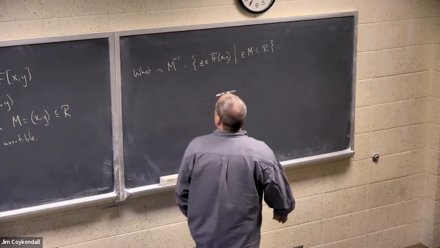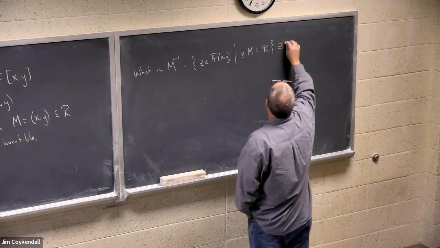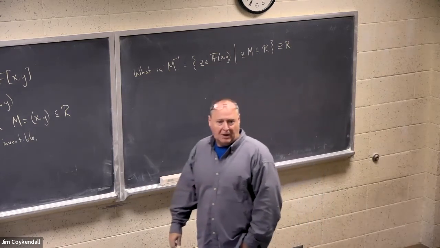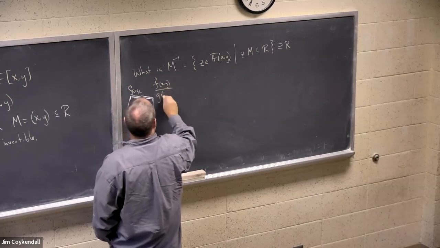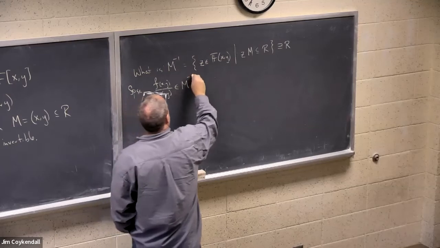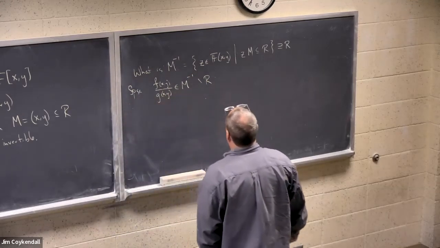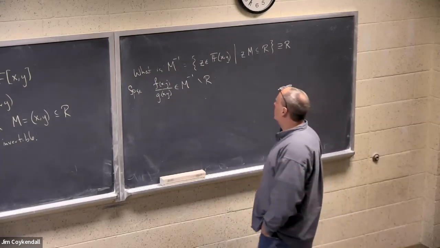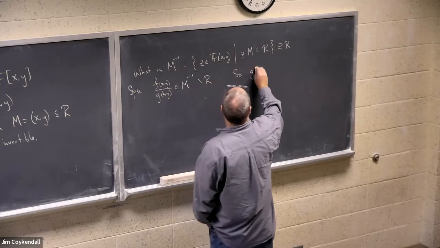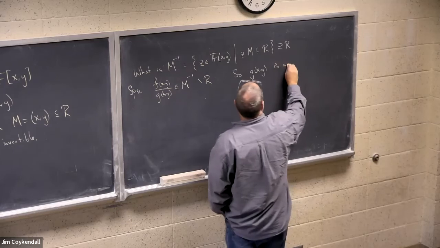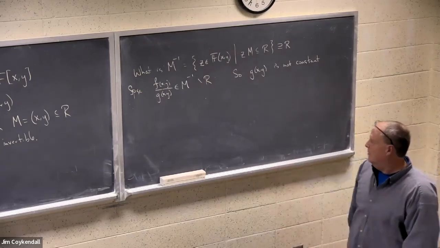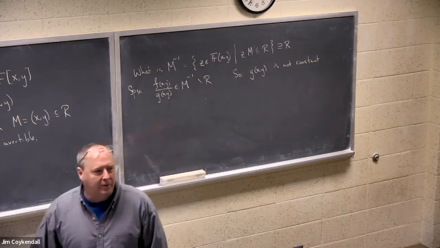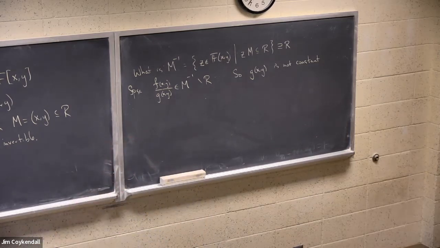Notice this, of course, contains R. Suppose f(x,y) over g(x,y) is in M inverse, but not in R. So what do we know? g(x,y) is not constant, because if it were constant, then it would already be back in R. And by the way, what other assumption should I make?